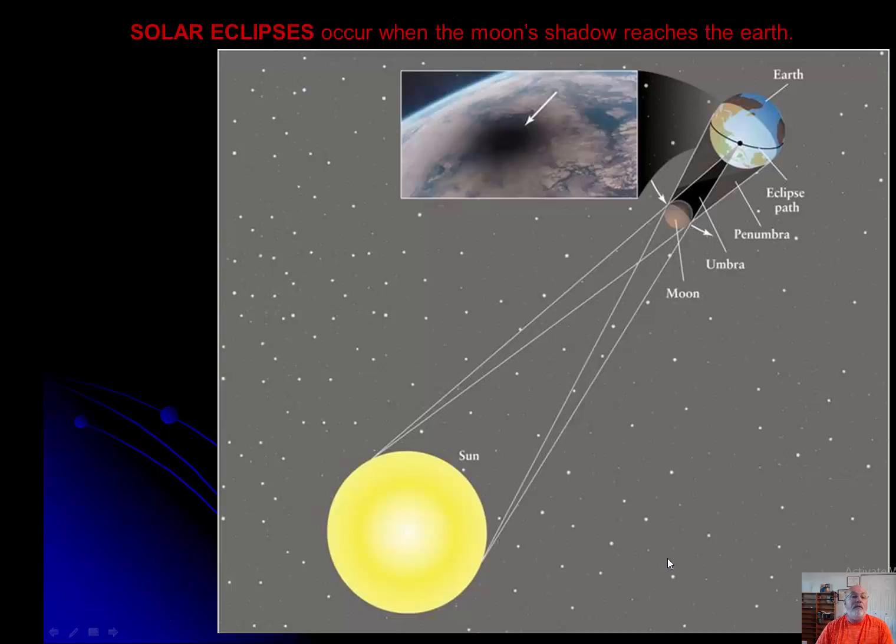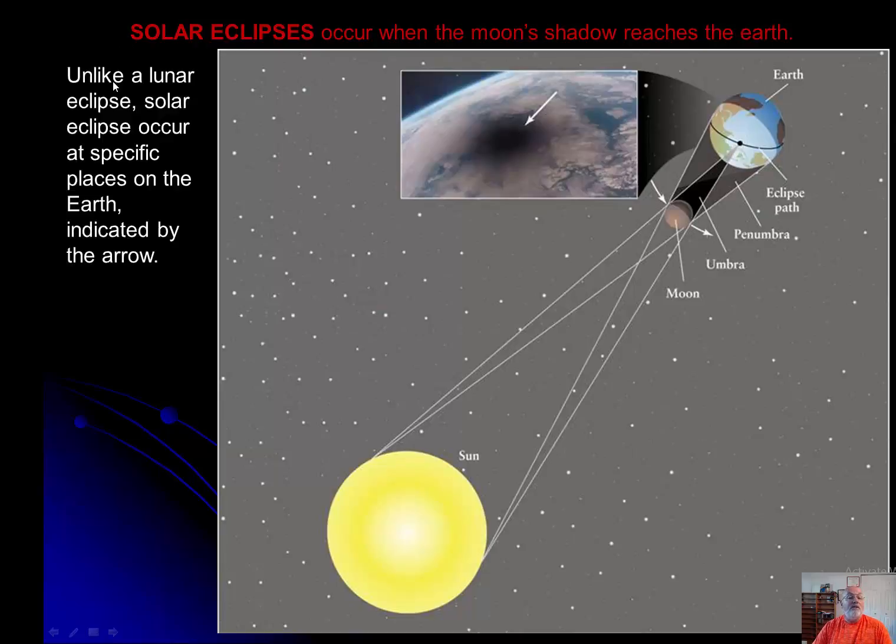Lunar eclipse occurs after the moon's shadow reaches the Earth, and again, really small. Unlike lunar eclipses, the solar eclipse happens at very specific parts of the Earth, indicated by the arrow, and it's actually that little section right there. So it's not a very large section of the Earth that actually gets to see a solar eclipse, and that section right there actually gets to see a larger solar eclipse than anybody this way.